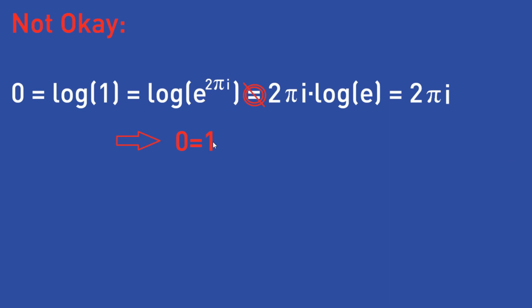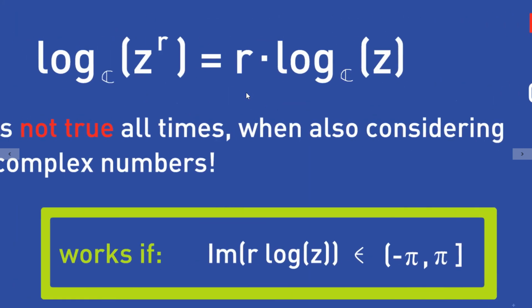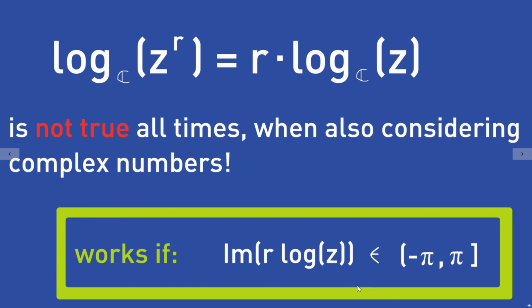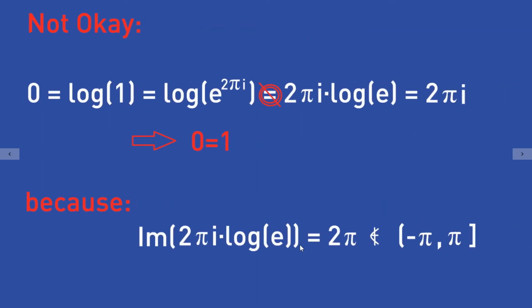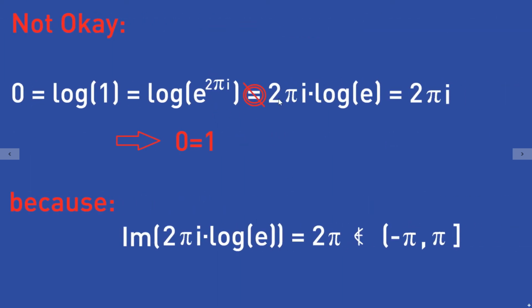We are not allowed to bring the exponent in front of the logarithm at this point here, because of this condition here. So we have to check if this condition holds true. When it holds true, we are allowed to use the rule. If it doesn't hold true, we are not allowed. So we have to check if the imaginary part of r times the logarithm of z, so if the imaginary part of r, this is r, 2 pi i, times the logarithm of z, which is e in this case, is inside of this interval here.